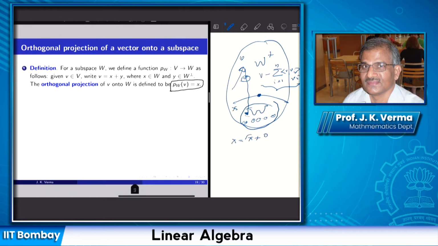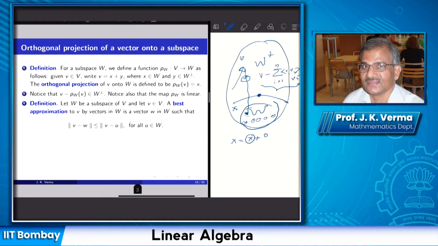So this is the orthogonal projection of X. So we have come to this important concept of orthogonal projection of a vector inside a subspace, and if I subtract the projection from V, it is in the complementary space which is W perp. The map is linear.